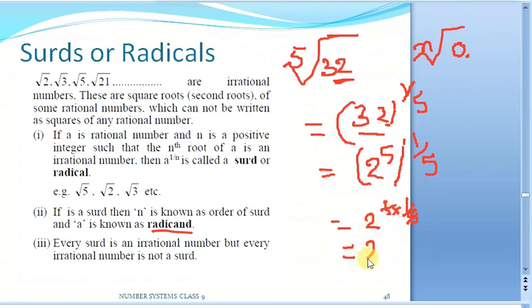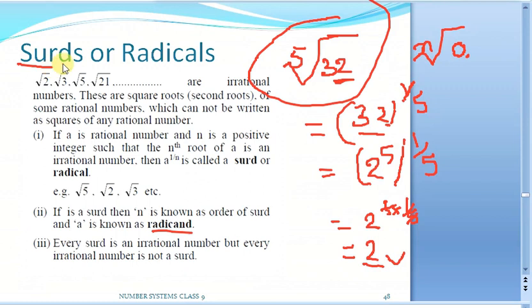So what is fifth root of 32 actually here? It is 2. Now see, first two conditions are satisfied, but the last condition, this entire result has to be irrational, but I am getting my result to be 2. Is 2 irrational? No, it is going to be a rational number. So that's why this fifth root of 32 is not going to be a surd.